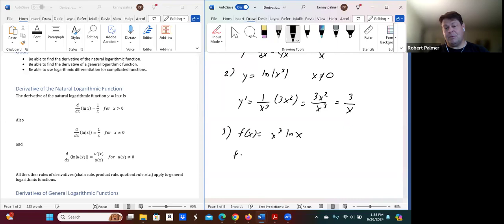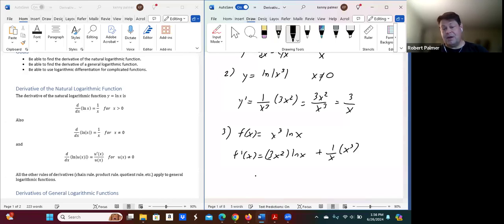And so f prime then is going to be, it doesn't matter where we start first. So if I do the derivative of x cubed, that's 3x squared times the natural log of x. And then plus the derivative of the second function, the derivative of the natural log of x is now 1 over x. And then times just the first function by itself, x cubed.